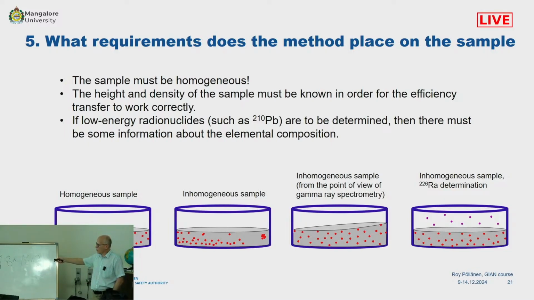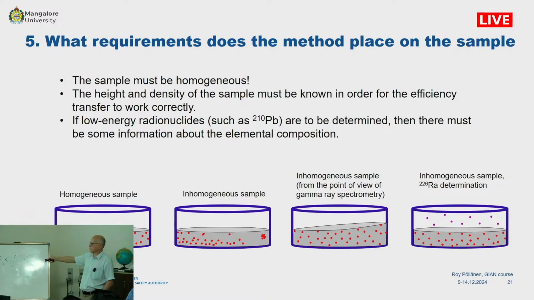It may go to this place, and if we want to analyze radon daughters, most of the radon goes here, not much here. So this is not very homogeneous from the point of view of gamma ray spectrometry. So the sample must be homogeneous, like this one.